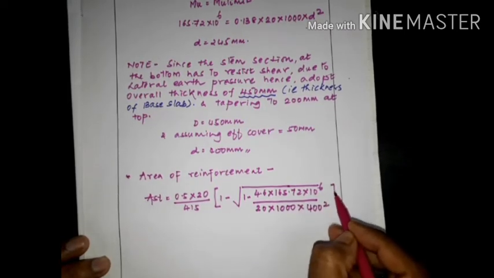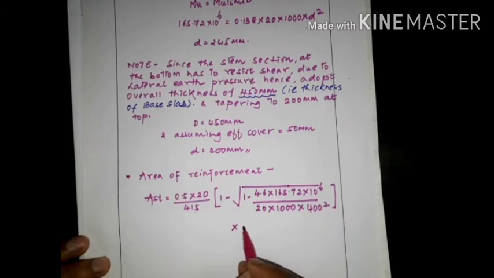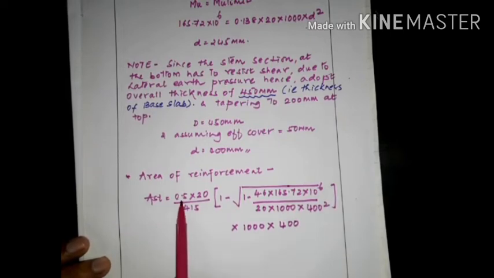So we have Ast is equal to 0.5 fck upon fy into bracket of 1 minus square root of 1 minus 4.6 Mu, where Mu is 165.72 into 10 to 6 divided by fck b d square.